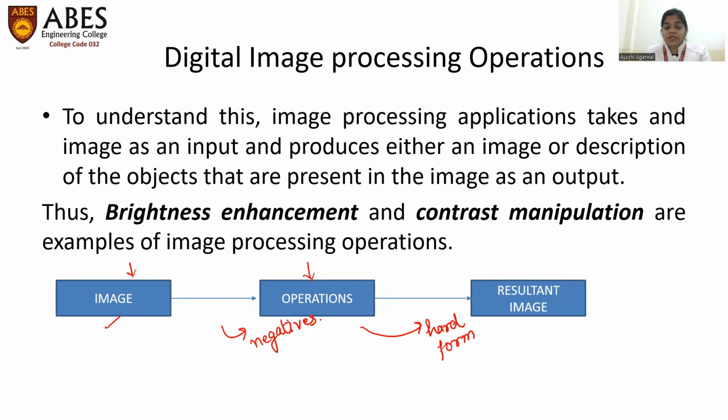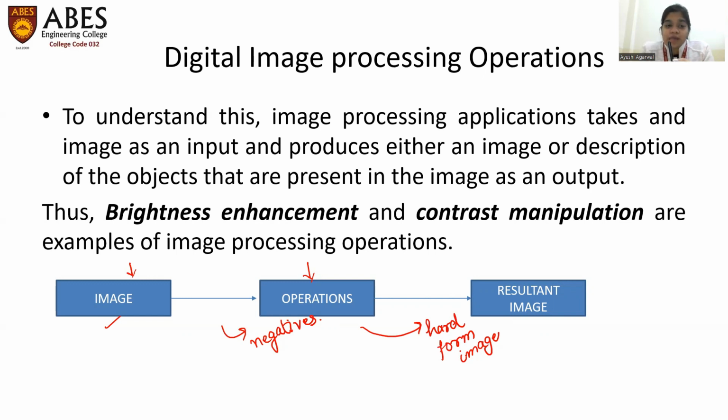So this block diagram explains how the traditional form of images is implemented or used. Basically, this basic operation of image processing involves brightness enhancement and contrast manipulation.